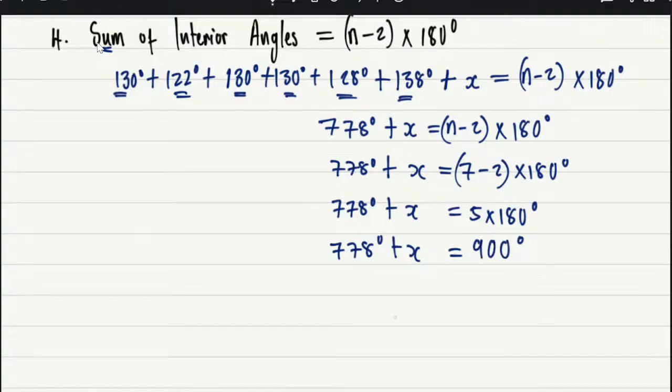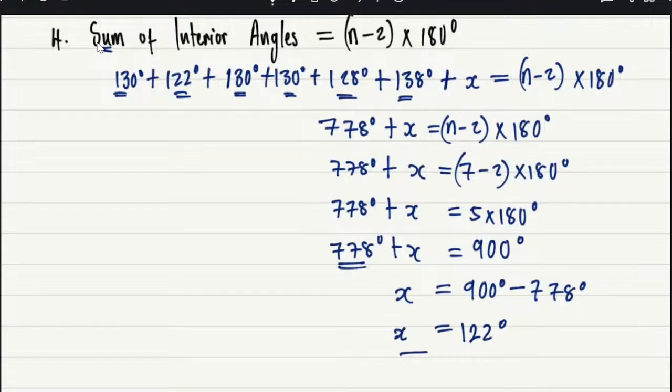Which means to get x, you say x will be equal to 900 degrees, then you take this 778 to the other side, it will subtract. Are we together? You get 122 degrees.